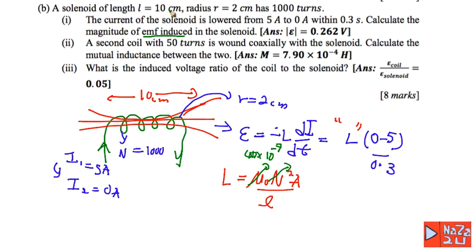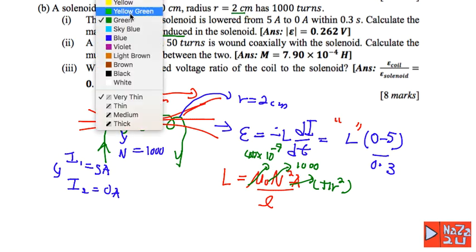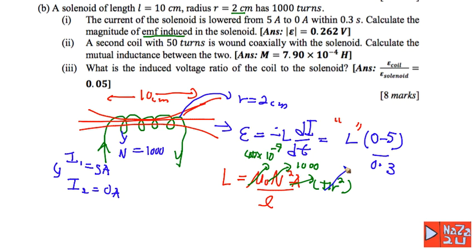Number of turns is 1000 turns, squared. For the area A, because the radius is 2, you can use pi r squared. Make sure the radius of 2 cm is converted to meter first, so the radius is 0.02 meter squared, times pi, and the length of the solenoid is 10 cm, which in meter is 10 exponent minus 2. So now you can find the value of L here.